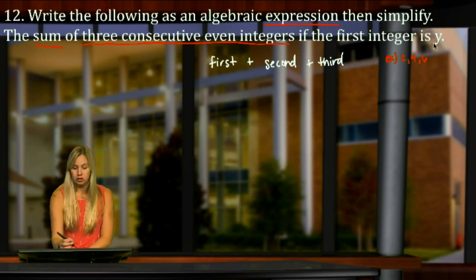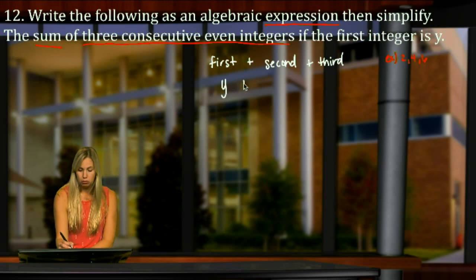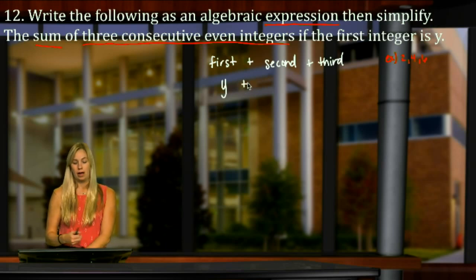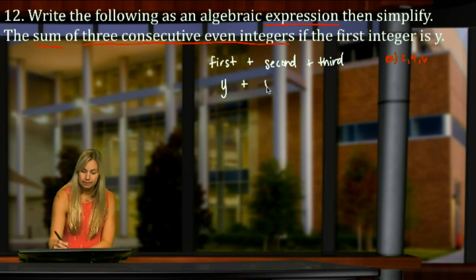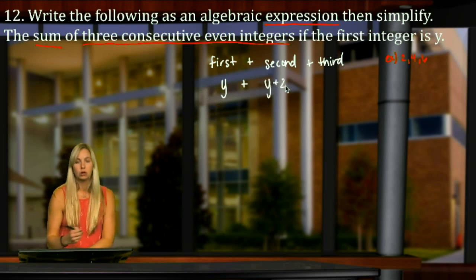They tell me that my first integer is y, so the first number is going to be y. Now my second number, if I look at my example, how did I get from 2 to 4? I added 2 to that. So if my first number is represented by y here, my second number is going to be represented with y plus 2.